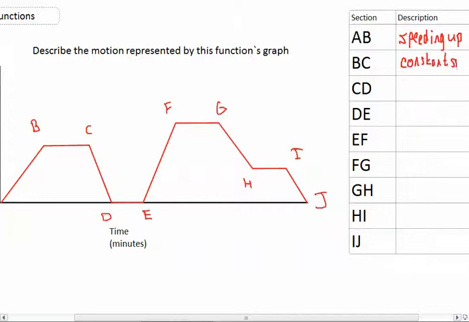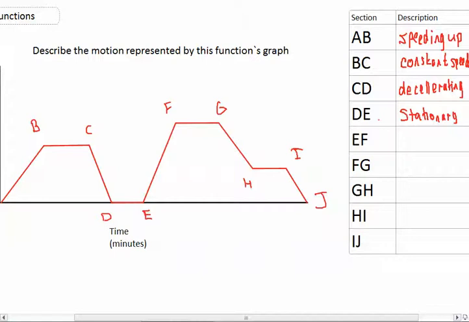Okay, what's happening from C to D? Decelerating, using some good physics terms. Using those good science terms again, what's happening between D and E? Constant speed, and what is that speed, sir? 0. So you are stationary. If you're staying still, you're stationary.